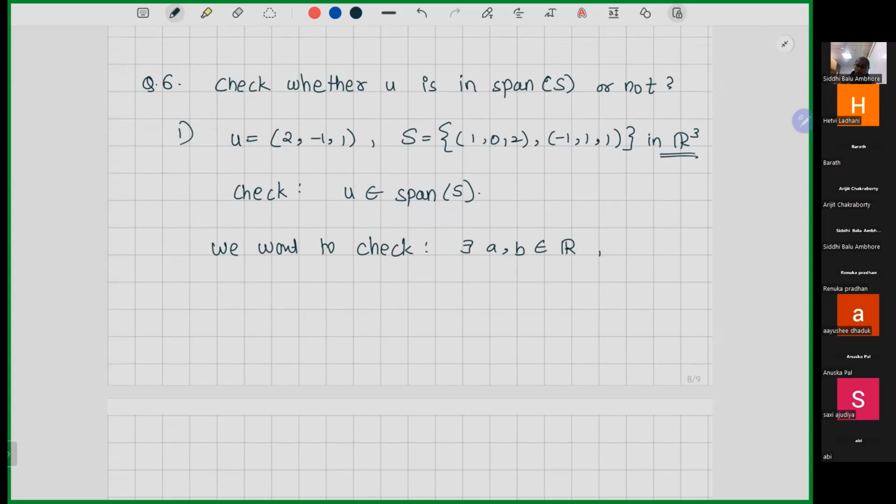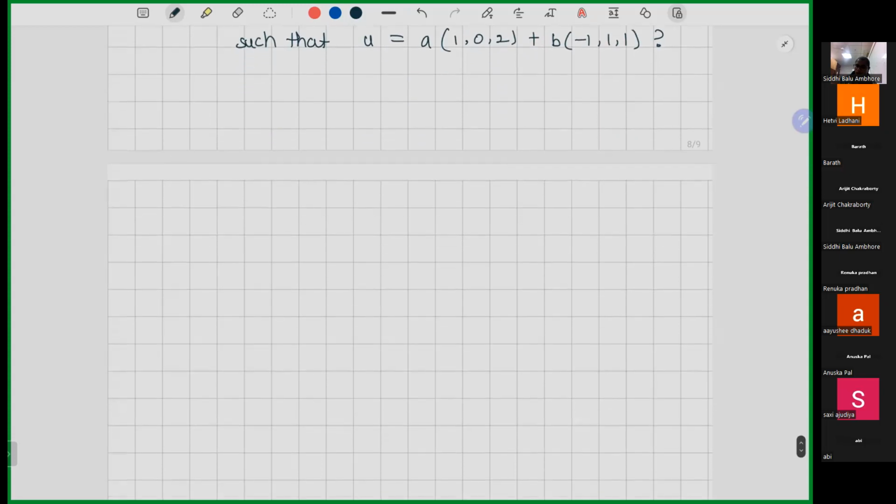So we want to check whether there exist some scalars a, b from R such that this u is a times 1 0 2 plus b times minus 1 1 1 or not. So we want to check the existence of these scalars a and b from R. Okay, so what does this mean? Let me write this explicitly.